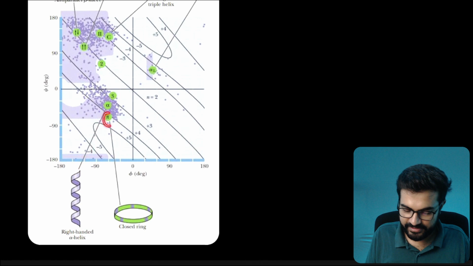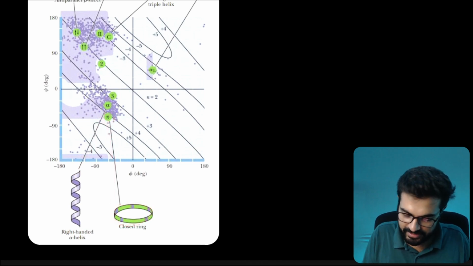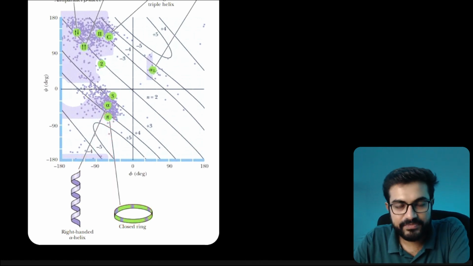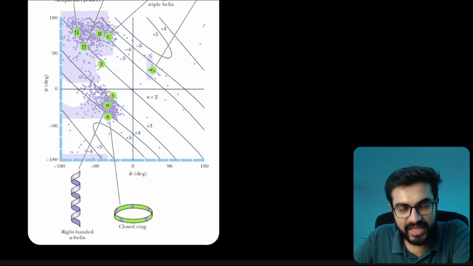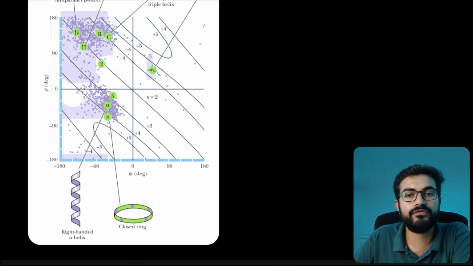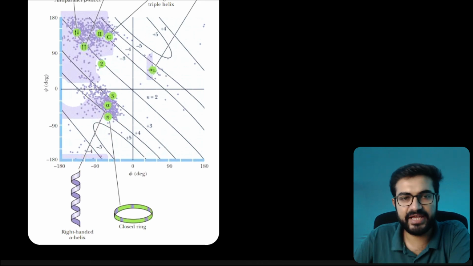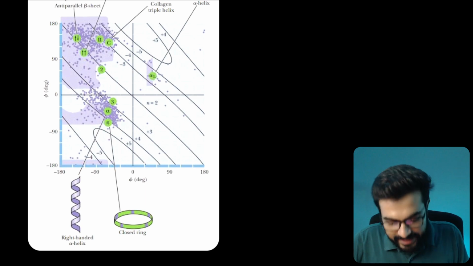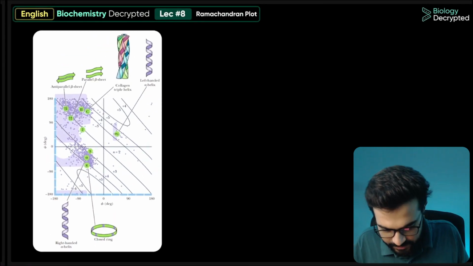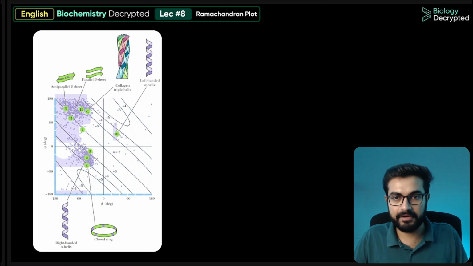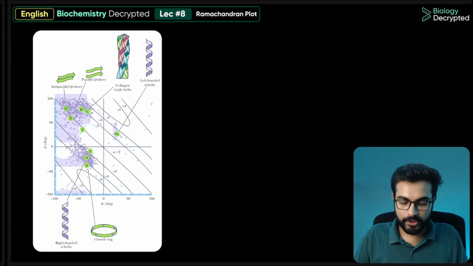Then we have these ring-like structures, which is called a pi helix. So all these secondary structures are possible, and they have their characteristic values of psi and phi angles. Now let's zoom out, and what we see here is the representation of all these different secondary structures on the Ramachandran plot.